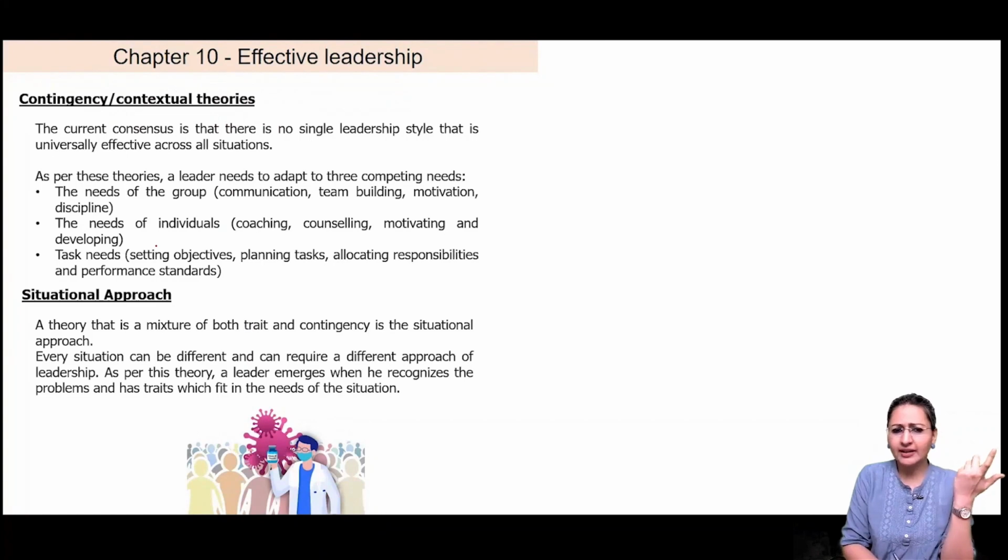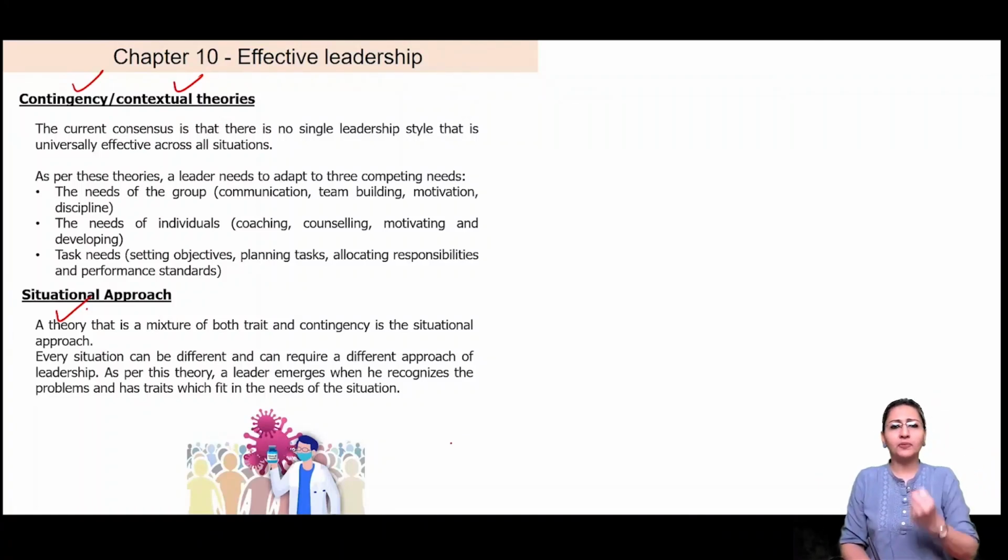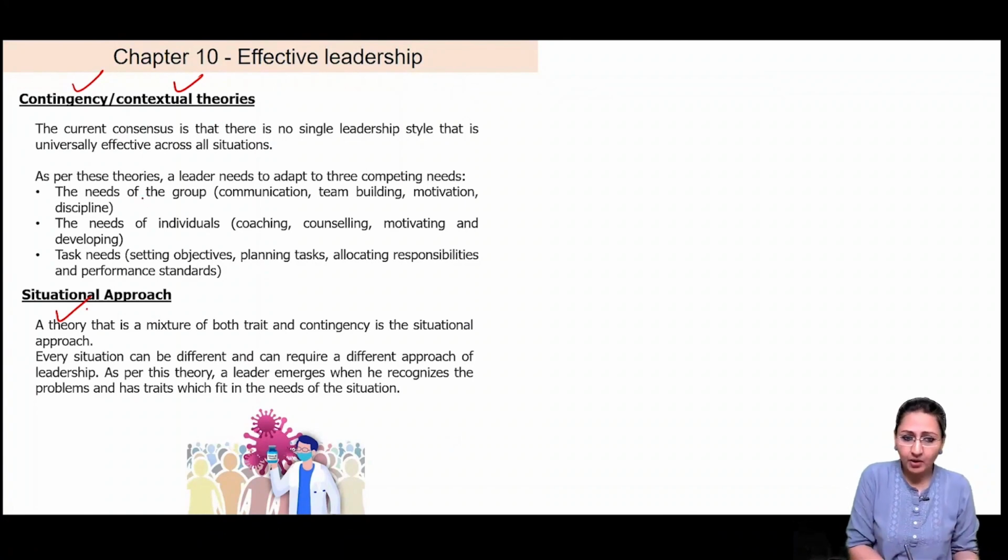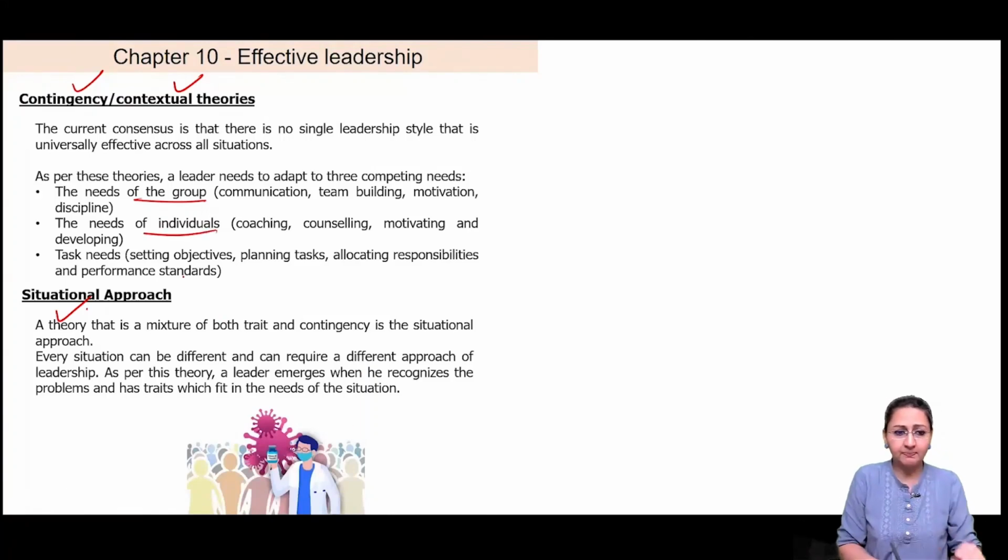In the context of a situation, in a different situation, you may have to opt for a mixture of different leadership styles depending upon the needs of the group, the needs of the people of the team, and the task needs. Based on that, you may decide to go ahead with a single leadership style, or you can mix 2, 3 and then go ahead. So this is contextual and situational.